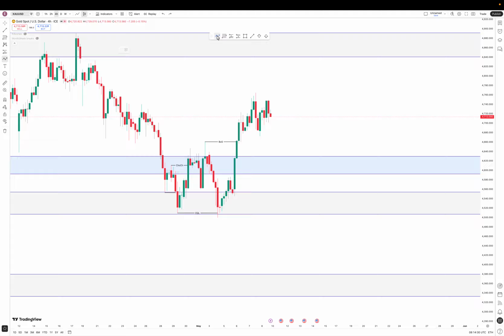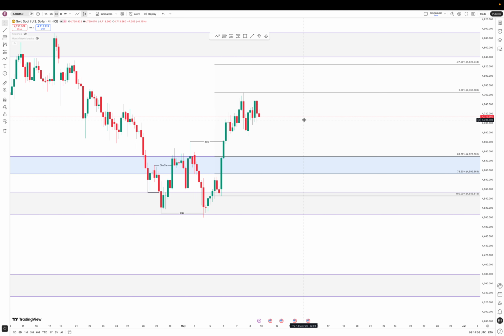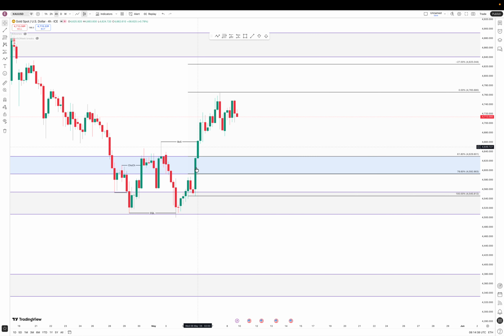So yeah, what I just want to see is, from this higher low to the recent higher high, a retest down to this zone. Then if I see the bullish pressure from this zone, I'll be buying gold.